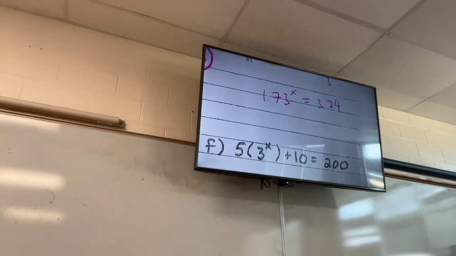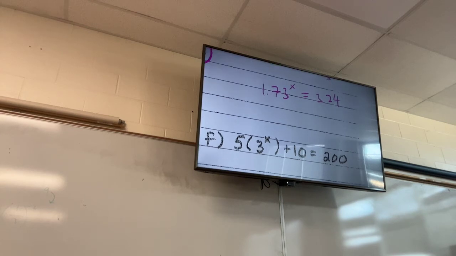How do I break that x outside of the exponent? Log, yeah. So what's the base of the log? Nope, not 10. It's the same as the base of this exponent here. So it's log base 1.73 of 1.73 to the x equals log base 1.73 of 3.24.